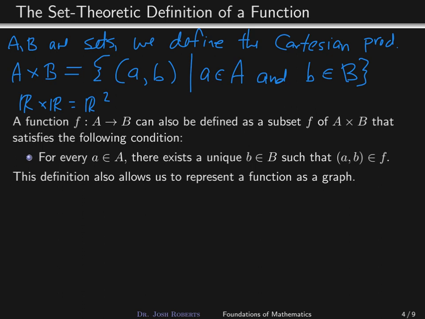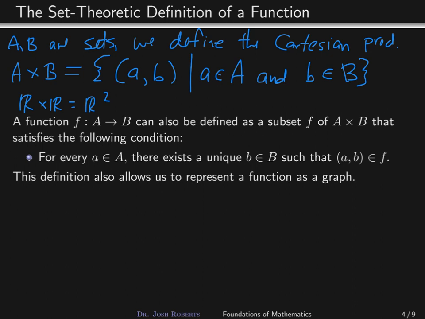Now that might sound a little weird. What do I mean by an element of F? I mean we're able to now think of the function as a graph. When I say A comma B is an element of F, I mean that this is an element on the graph where capital A is the horizontal axis, capital B is the vertical axis, and I have an ordered pair AB as an element of F. So now we don't have to just use x's and y's.